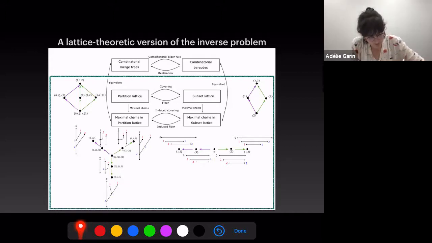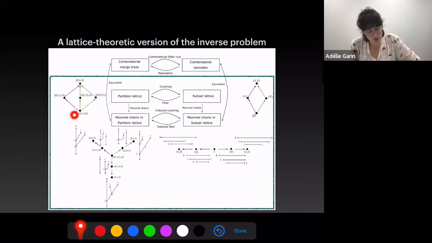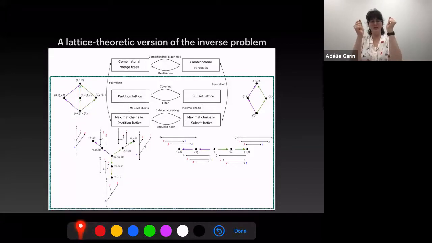For example, if I take this one here, 0, 1, and 2 correspond to 3 leaves that are ordered by this indexing. So this is the birth label that I explained to you in the definition of combinatorial merge tree. And now if I merge the 2 singletons 0 and 1, it means that I merge the first branch with the 0th branch.